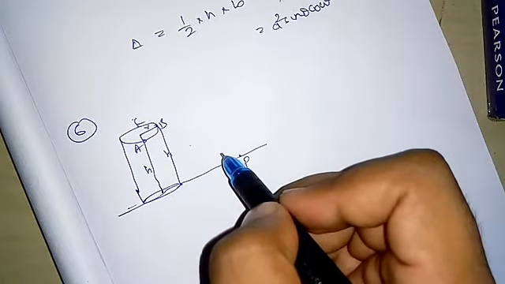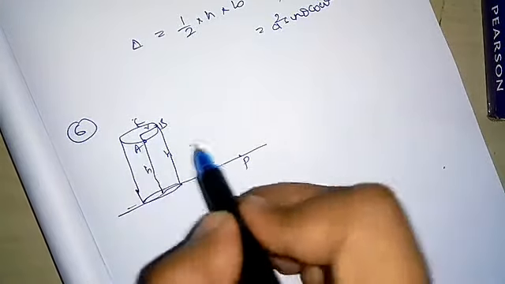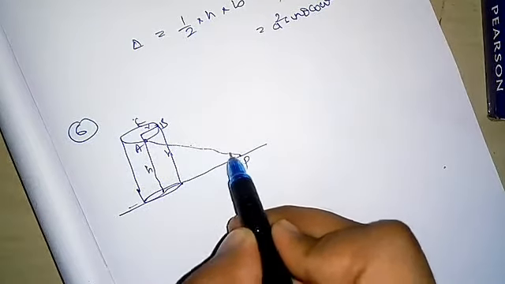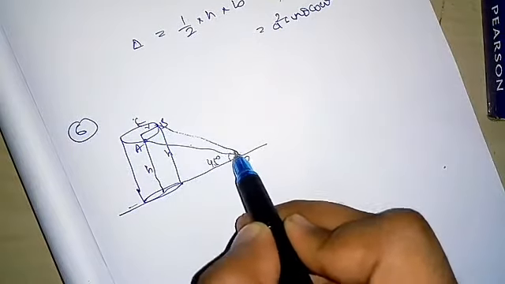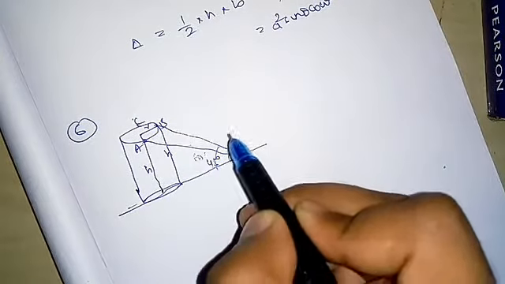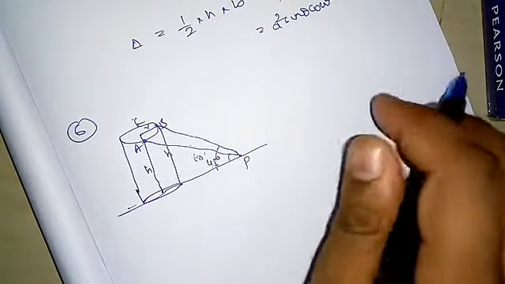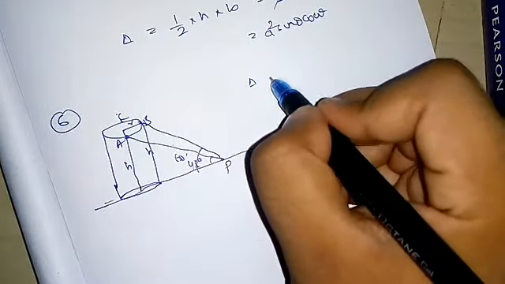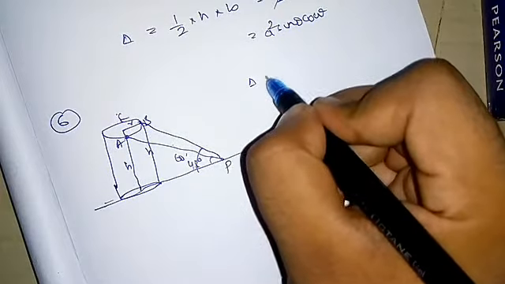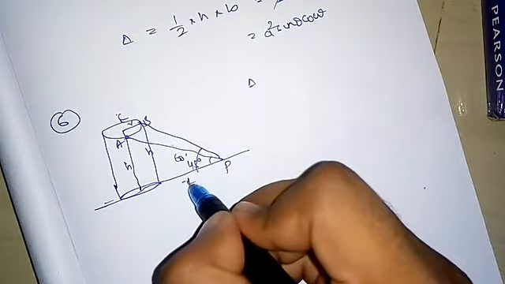The angle of elevation of points A and B from P are 45 degrees for A and 60 degrees for B. Show that h by r is equal to root 3. So let this be distance x.